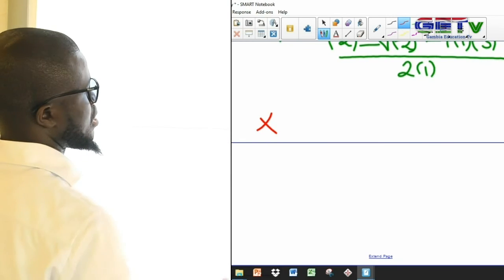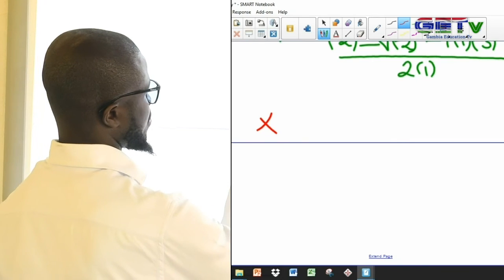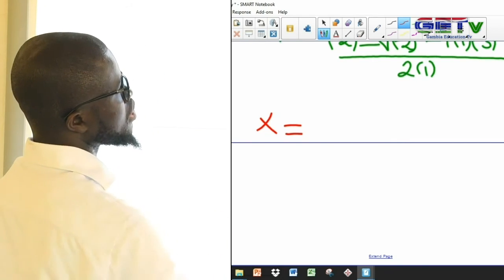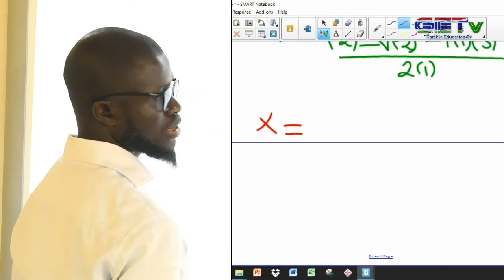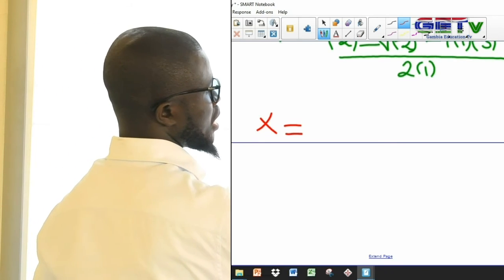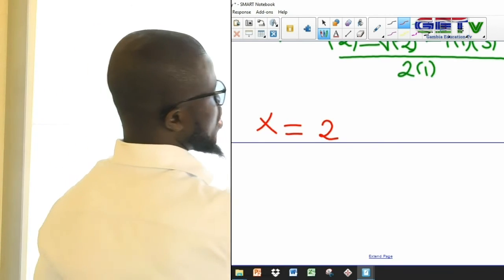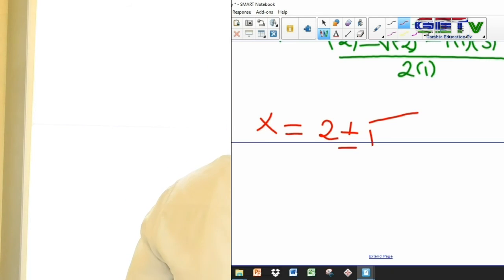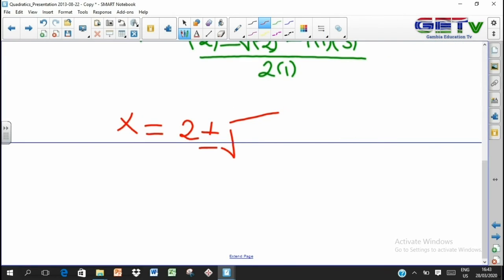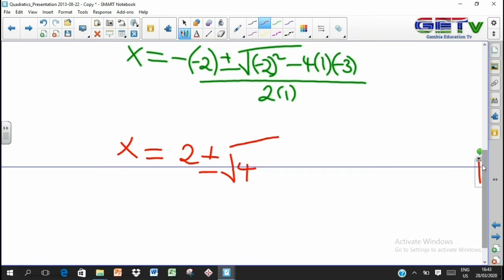x equals negative negative, which will change the sign automatically to positive 2, plus or minus the square root of negative 2 squared, which will give us 4. And again, we have a negative sign here, and there's another negative sign there.